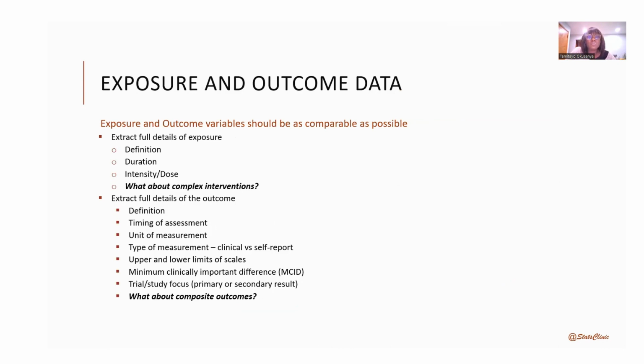Now, sometimes the exposure and outcome variables are hard to understand. When you're looking at a paper, sometimes you don't know what they were really checking for. It can get confusing at times like that. So when you want to extract the full details of the exposure, first try to understand what the authors define the exposure to be.